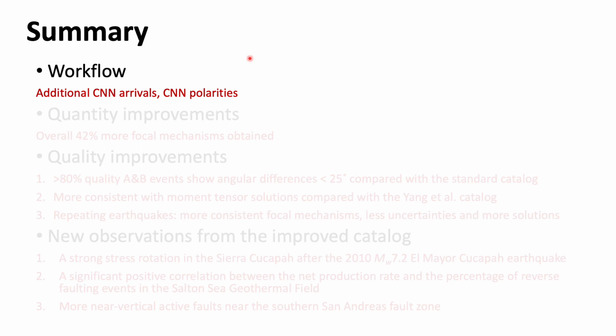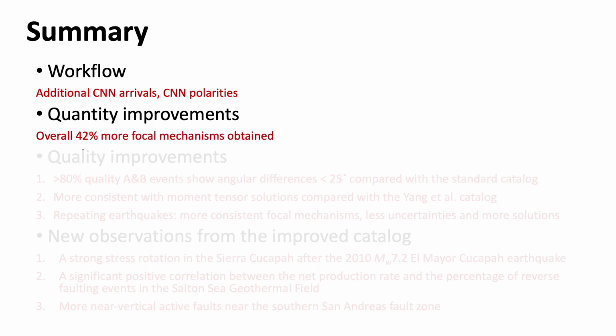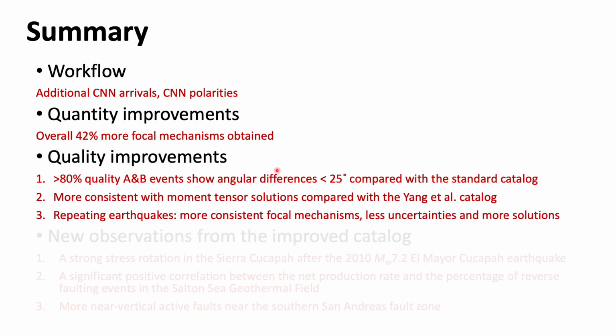Here is a summary. We added additional CNN arrivals and CNN polarities into the focal mechanism calculation and obtained overall 42% more focal mechanisms. The new catalog shows improved quality, with over 80% of quality A and B events showing angular differences less than 25 degrees compared with the standard catalog.